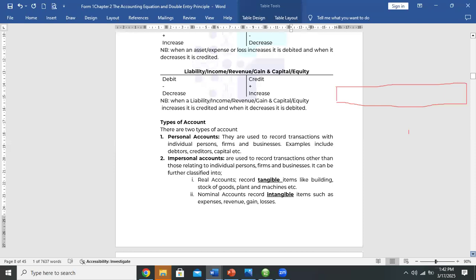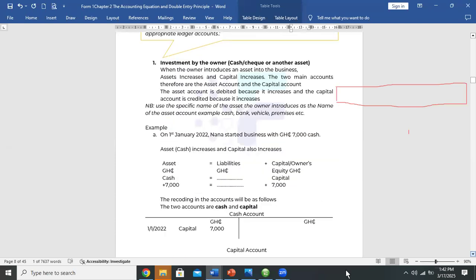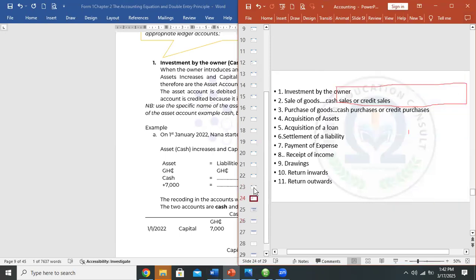Like I indicated, you will go back to the 10 transactions. But please, I want my professors to really remember, when we're dealing with the increase in asset, decrease in asset and so on, please remember the effects for me.